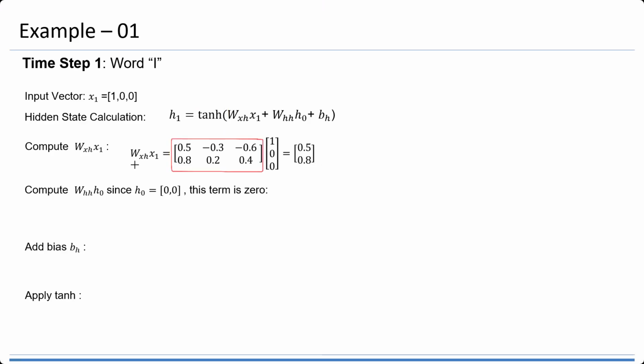Then if you look at this one, it is the matrix of 2 rows and 3 columns. And this is the vector for x, which is x1, and we have the words I, love, and NLP.